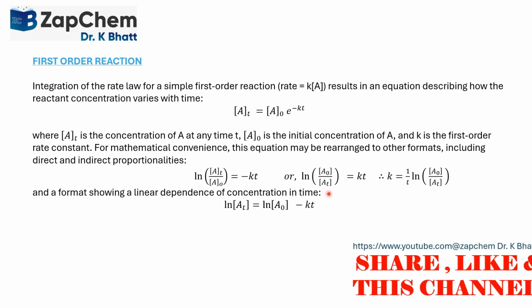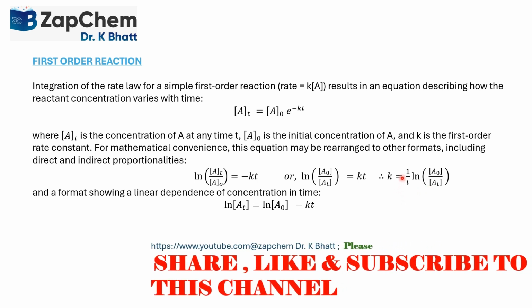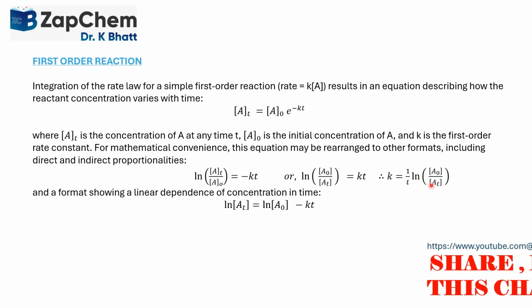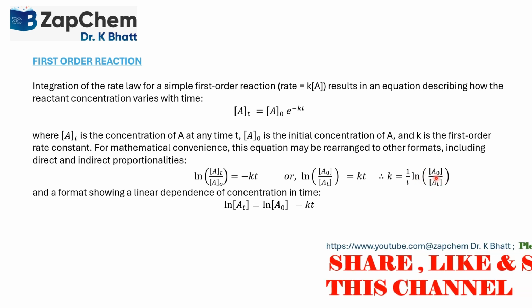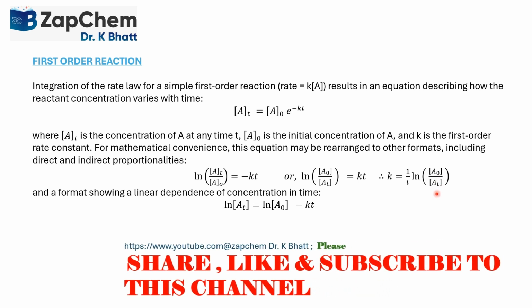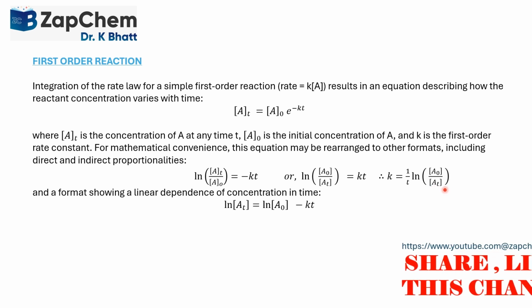Or you can simplify it further and get an equation that k is equal to 1 upon t in exponential logarithm multiplied by concentration of A naught, initial concentration, divided by concentration at time t.